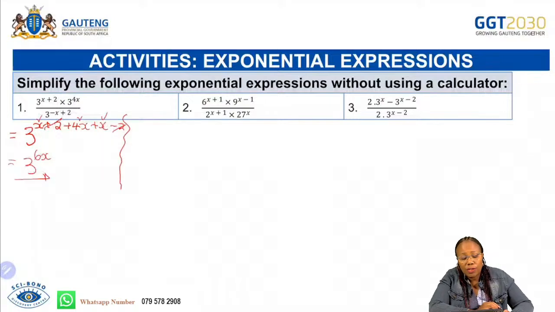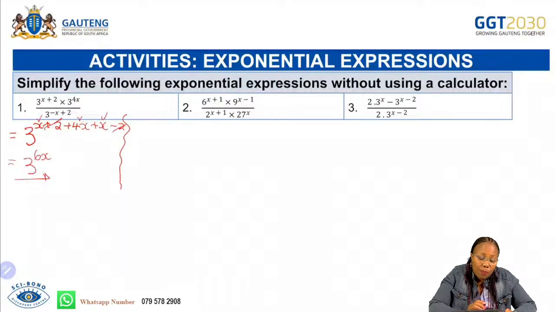And then moving to the second one, yes, we are still multiplying and dividing, but we have a challenge because bases are not the same, and 6, 9, and 27 are not prime bases. So we must write everything into prime base. So 6 we are going to write as 2 times 3, exponent x plus 1 for both, multiply by 9, we'll be writing exponential form, 3 squared is 9, and then x minus 1.